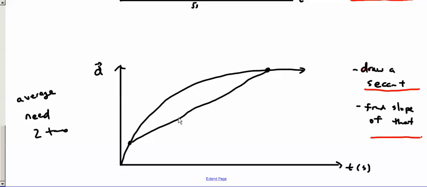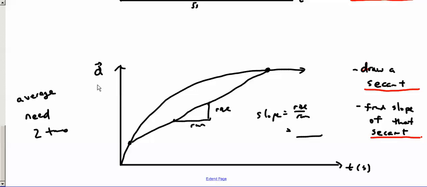And so I draw a secant between the 2 times of interest to me, and then I find the slope of that secant. And here, same thing, I'll choose 2 points on the line. I'll write my little triangle, I'll do rise over run. I'll write slope equals rise over run. I'll plug in the numbers and I'll get a value.